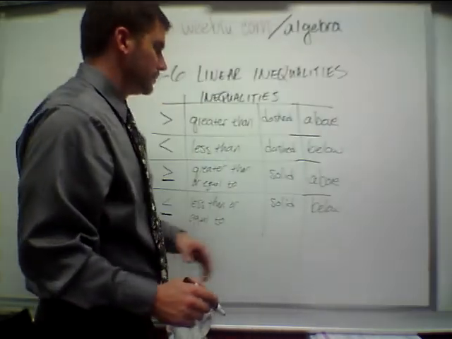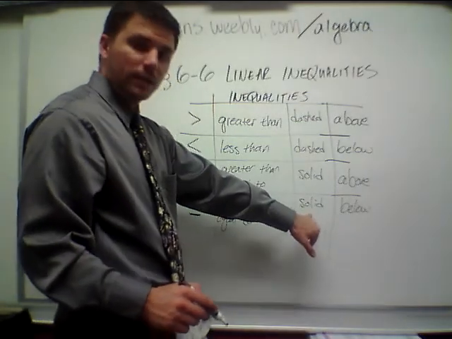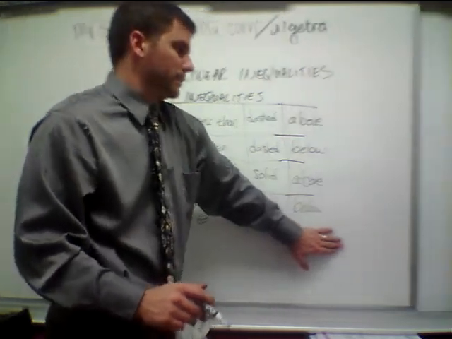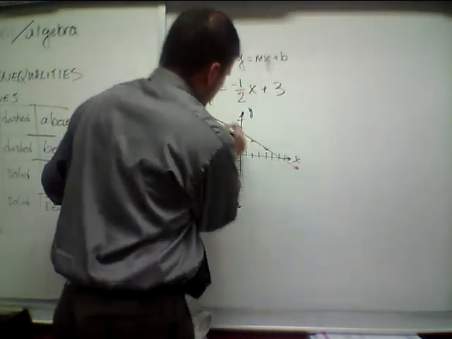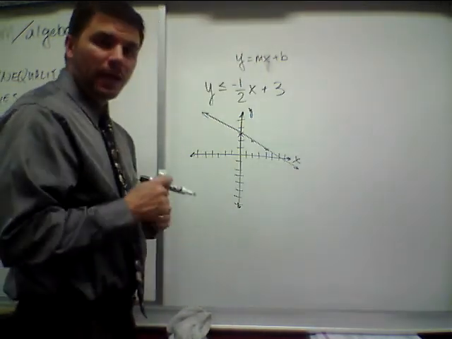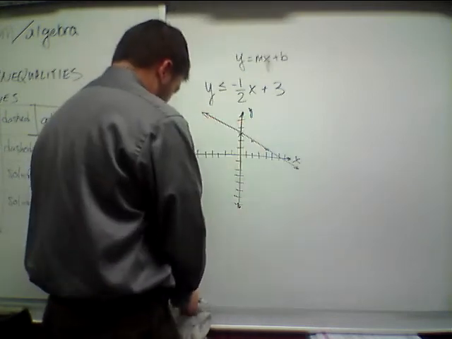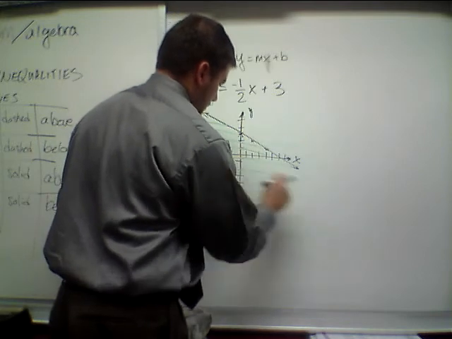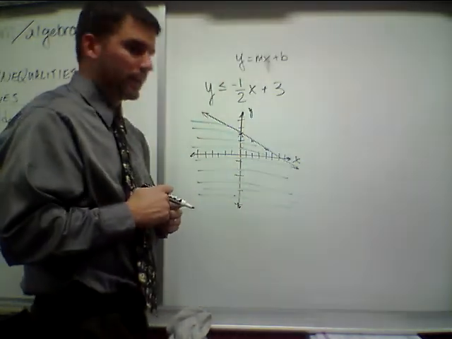Slide back over. I'm dealing with less than or equal to, so I know that it's going to be a solid line, and I'll be shading below the line that I create. So I'll shade anywhere below that line.